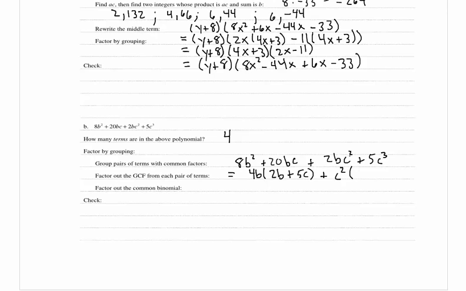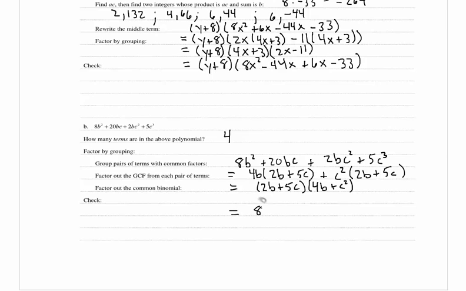And when we factor c squared out of the last 2 terms, we have 2b plus 5c. And now they want us to factor out the common binomial, and our common binomial is 2b plus 5c, and that's going to be multiplied by 4b plus c squared.